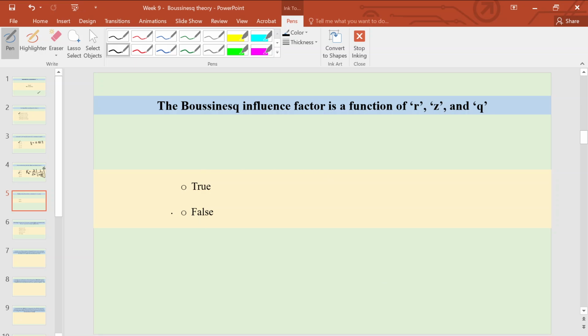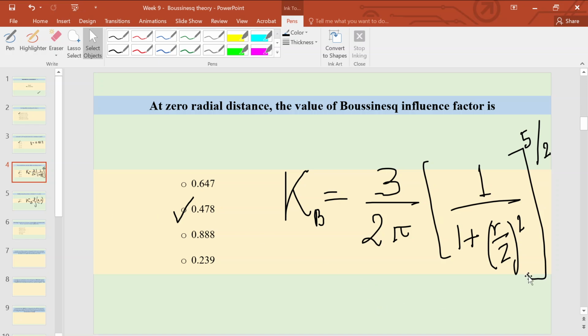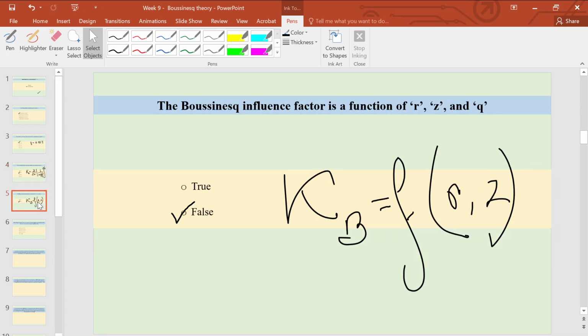It is a function of only r and z. As we can see in this formula, only r and z, radial distance and vertical depth. The Boussinesq influence factor does not depend on Q, the load. It is only a function of r and z, r being the radial distance and z being the depth.